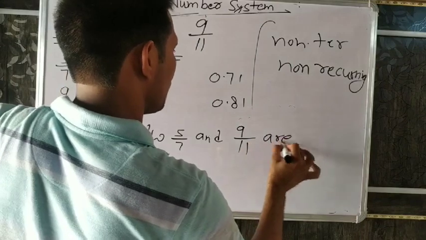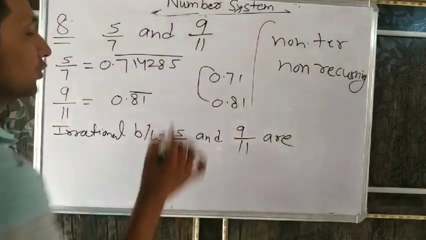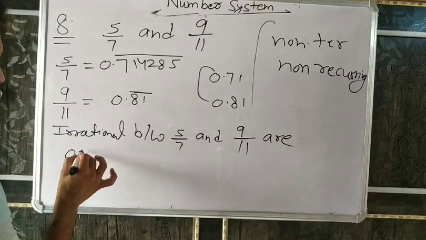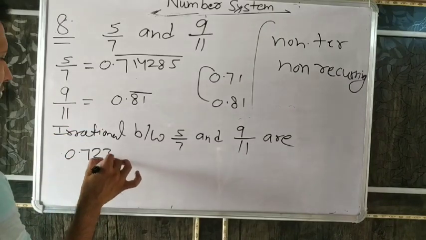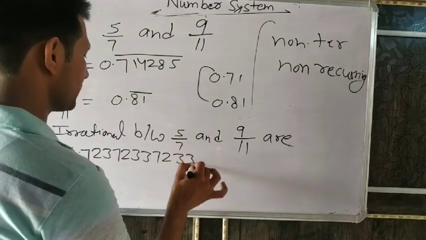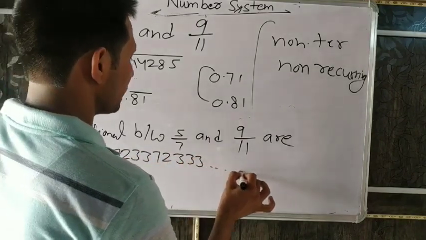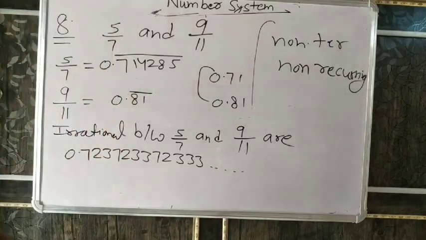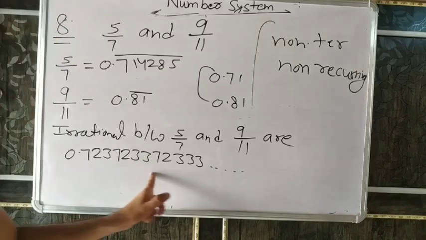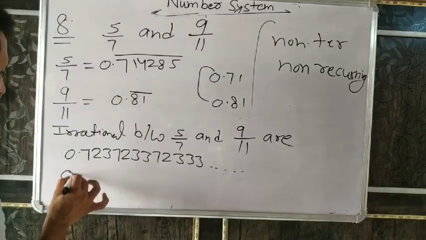So between these two numbers, 0.71 and 0.81, what is 0.723, 7233, 72333 and dot, never ending. What is irrational? Non-terminating, never ending, non-recurring, non-repeating. You can check it.